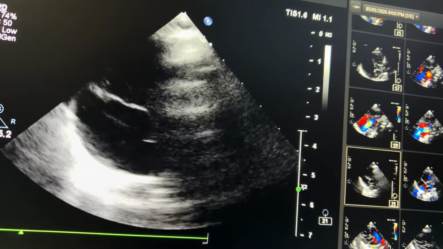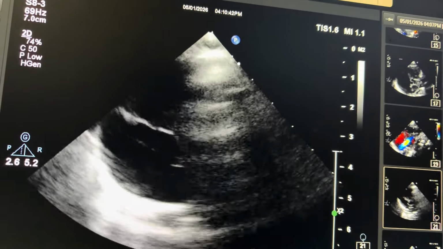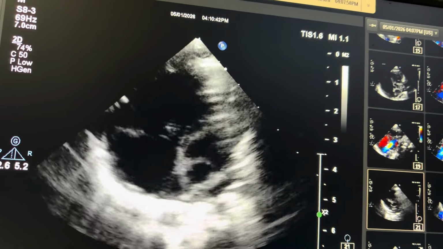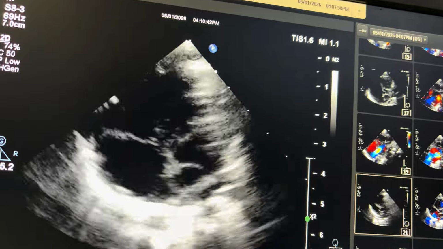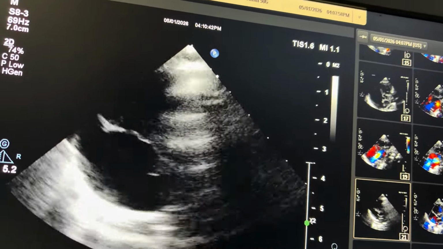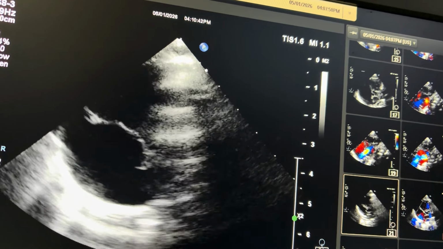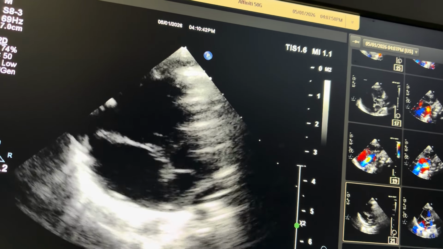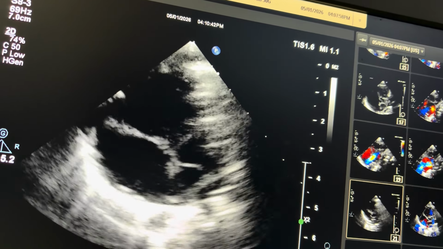So whenever you get this kind of picture, right atrium very much dilated, a very small ASD giving blood from right atrium to left atrium, a very small left atrium, and another chamber just superior to the left atrium, that is the pulmonary venous confluence. Ultimately that is the case of total anomalous pulmonary venous connection.